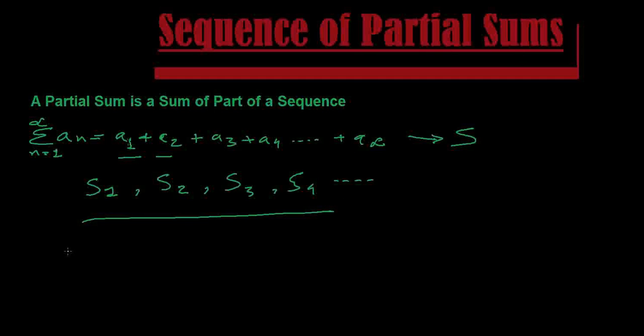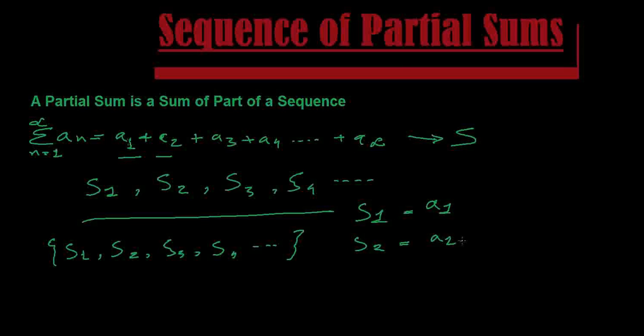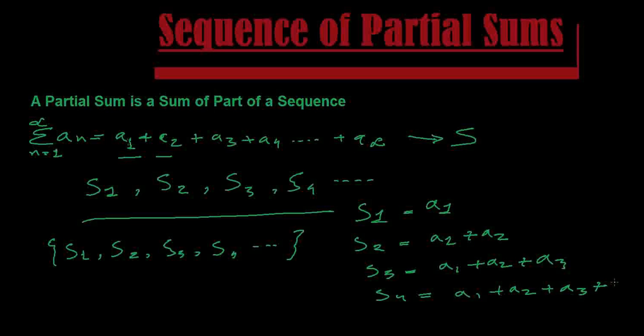The sequence of sums can be written as s1, s2, s3, s4, and so on, where S1 is equal to the first term, S2 is equal to a1 plus a2, S3 is a1 plus a2 plus a3, and S4 is a1 plus a2 plus a3 plus a4.